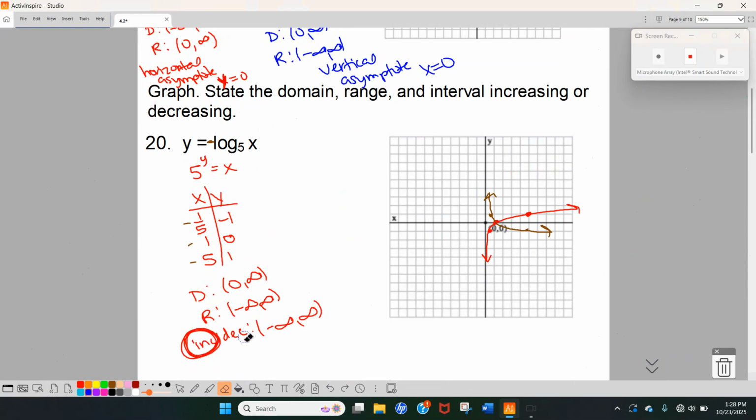All right, the other thing that could change it is if we had a negative in here.